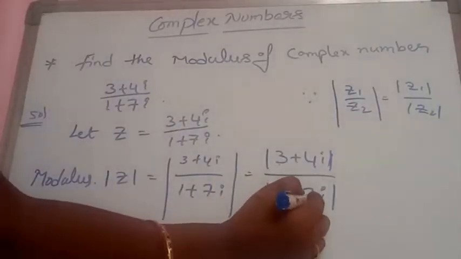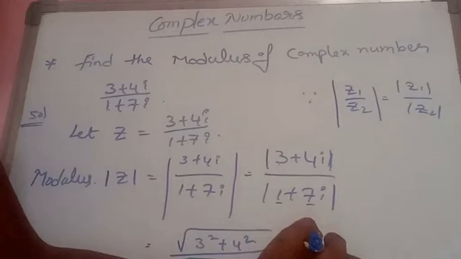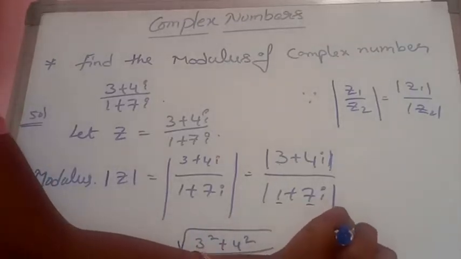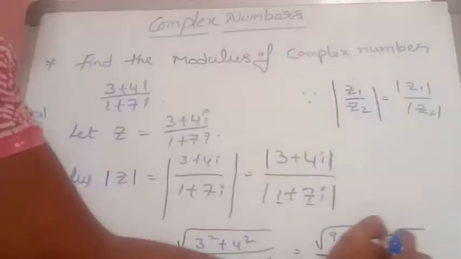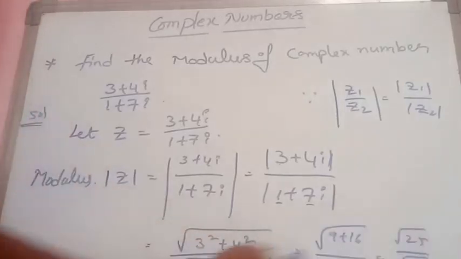Here x is 1 and y is 7, that means 1 square plus 7 square. So 3 square plus 4 square means 9 plus 16, by root of 1 plus 49, that equals root 25 by root 50.